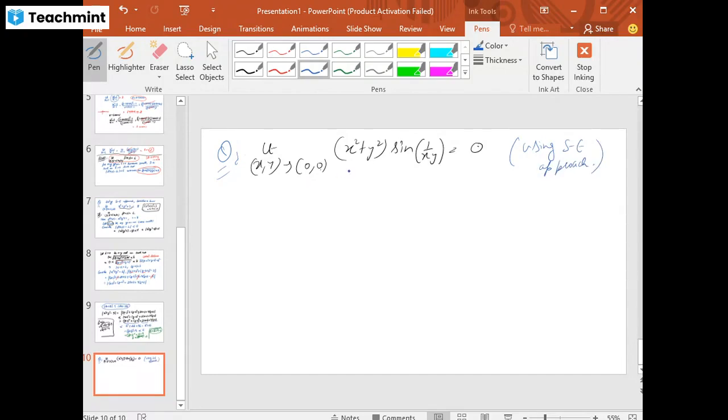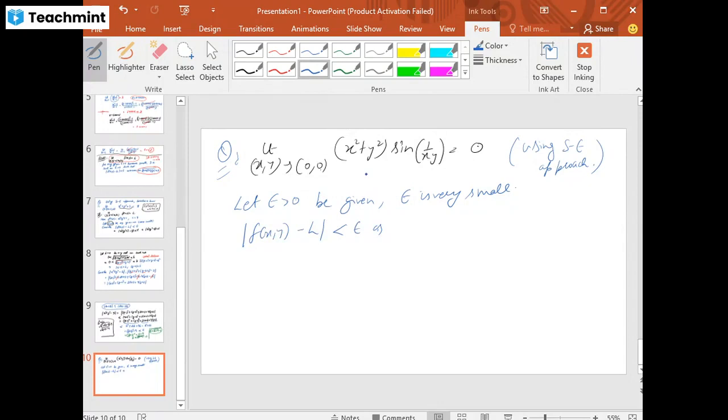So what can we do here again? Let epsilon greater than 0 be given, where epsilon is a very small number, such that mod of f of xy minus L is less than epsilon.